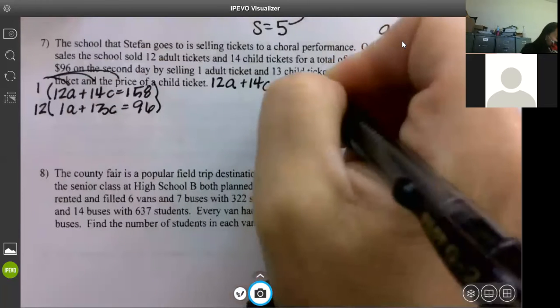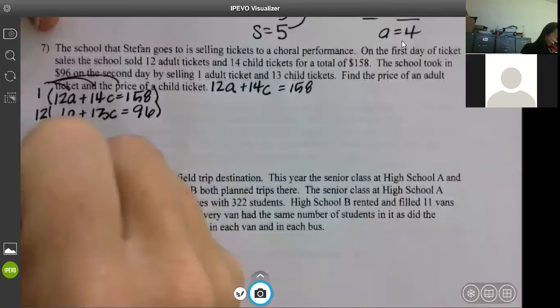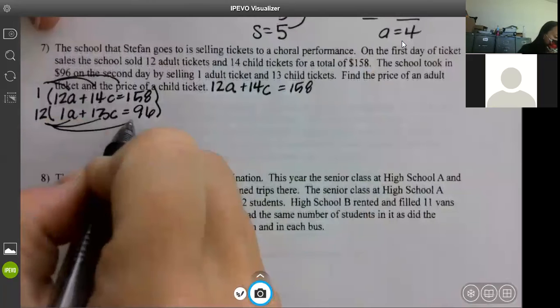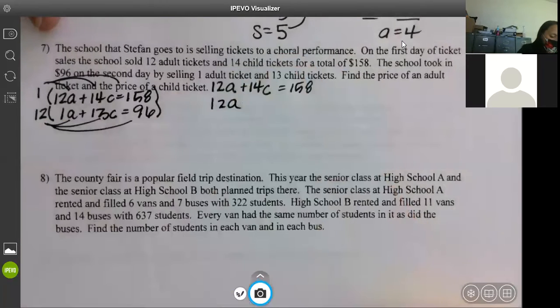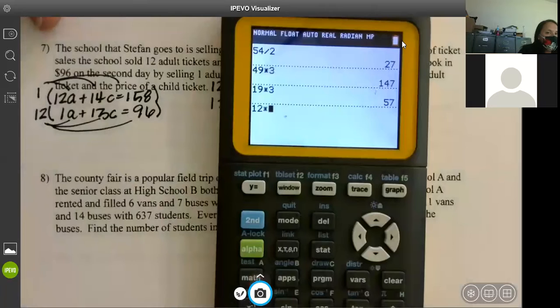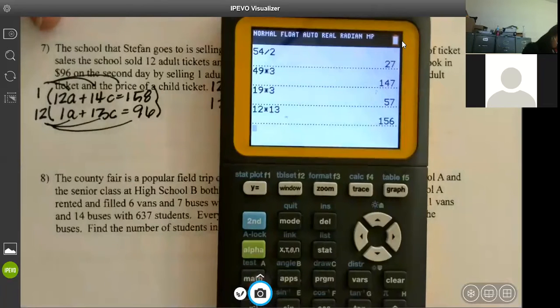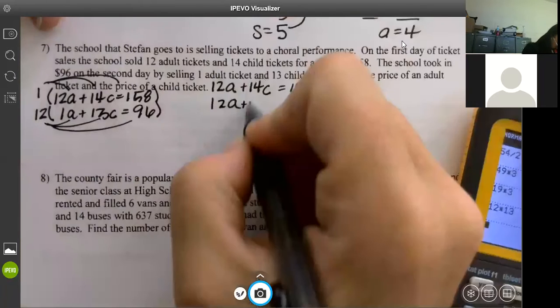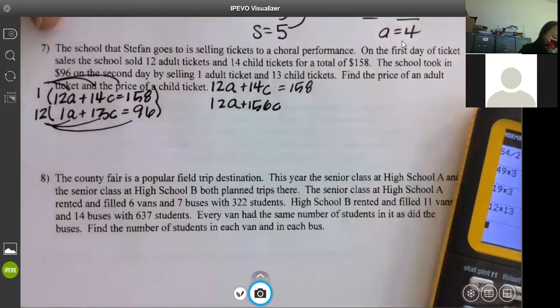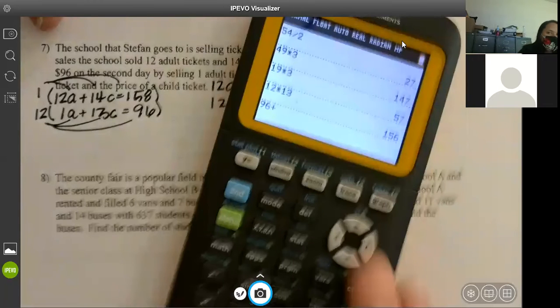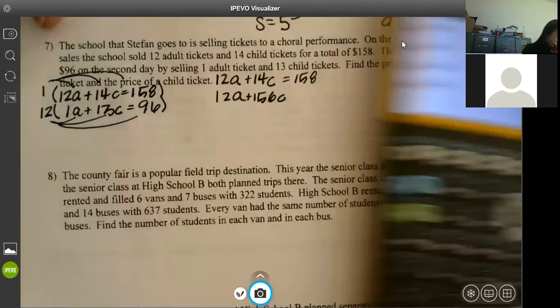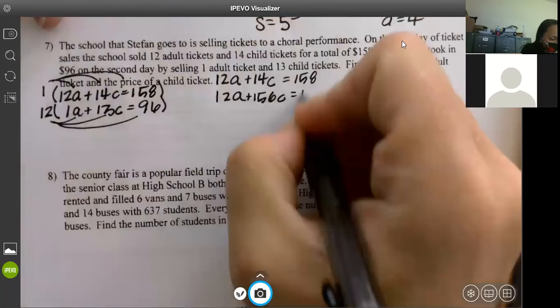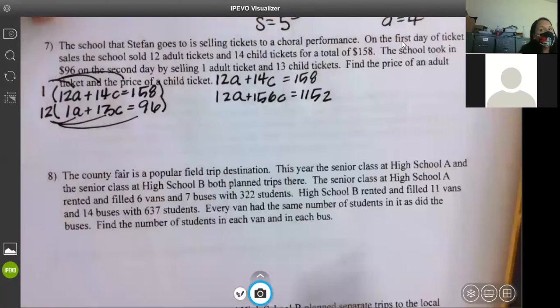Now you're actually going to have to do work. 12 times 1A. 12A. 12 times 13C. And then 96 times 12. 1152. You're good.